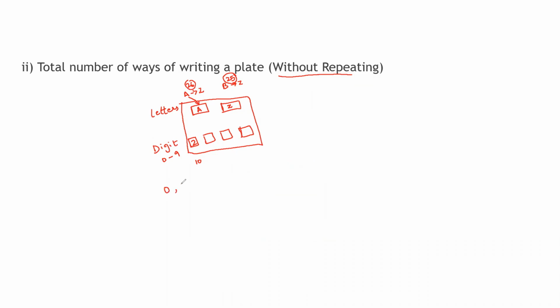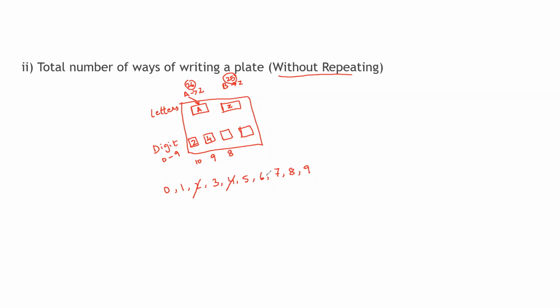Let me write here. How many numbers are there? 3, 4, 5, 6, 7, 8, 9. Say 2 you have already written, which cannot be repeated now. So how many options are left out? 9. Say next I am going to write 4. 4 also has been written. So how many left out? 8 are left out.